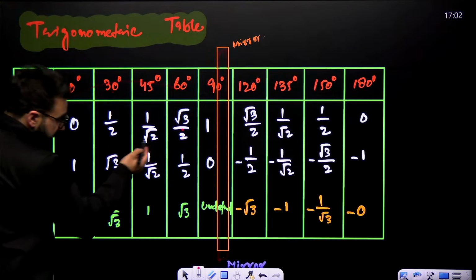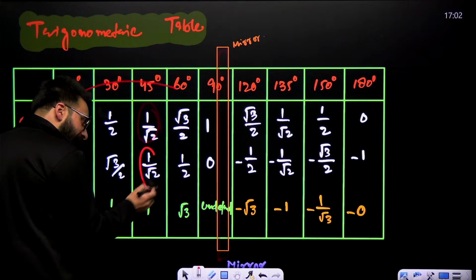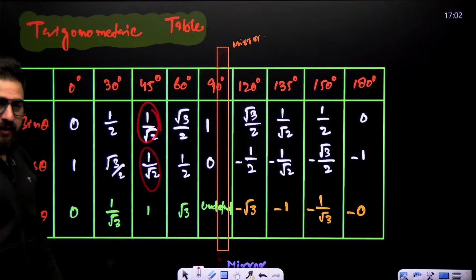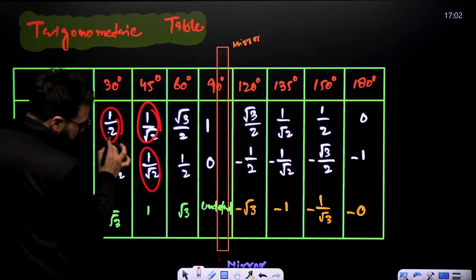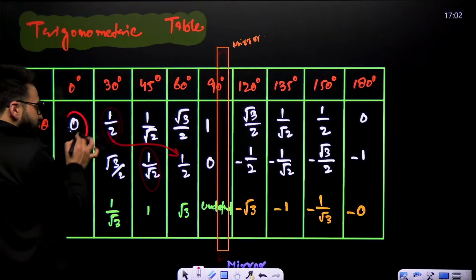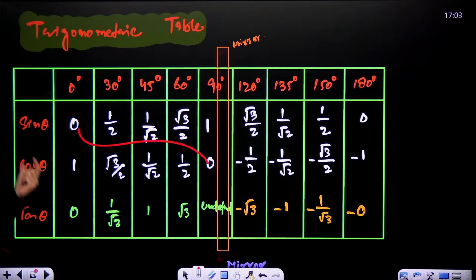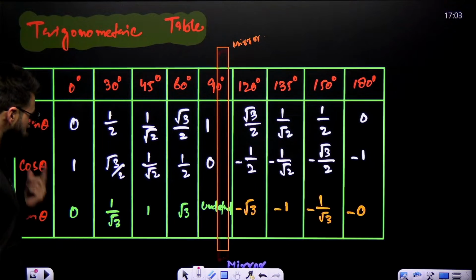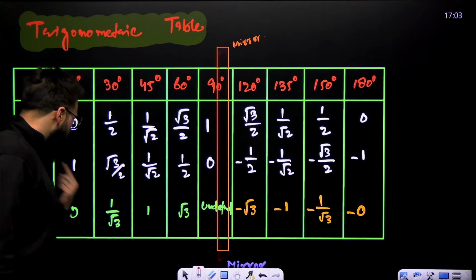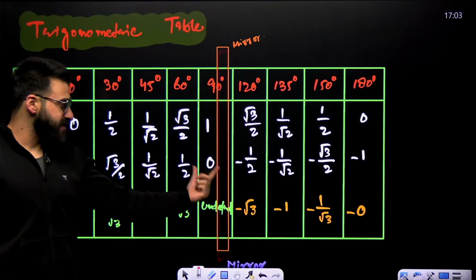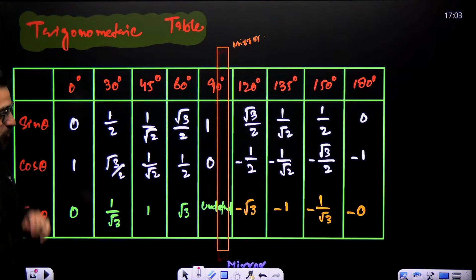Then this 1 by root 2, place it as it is over here. Then the next one, 1 by 2, place it here. Then you have got 0, place it over here. So cos 0 is 1, cos 30 is root 3 by 2, cos 45 is 1 by root 2, cos 60 is 1 by 2 and cos 90 is 0. I hope this line is also clear.